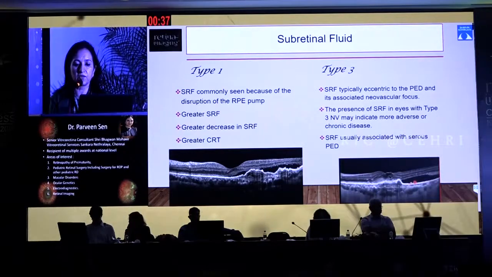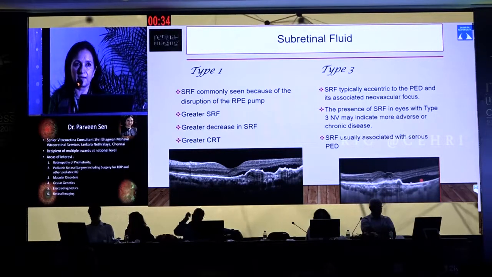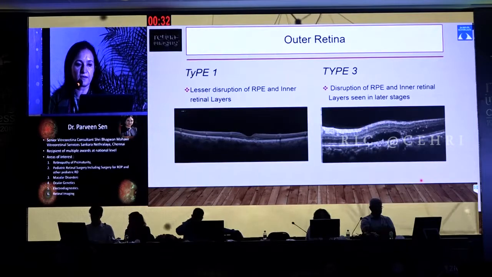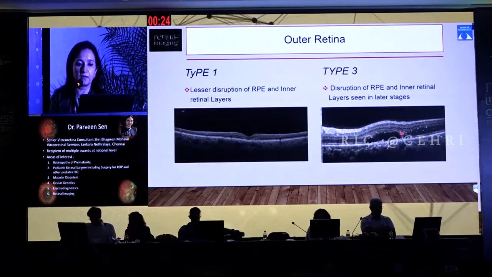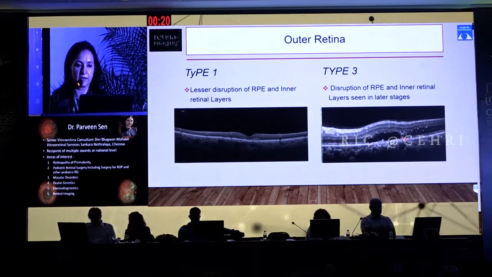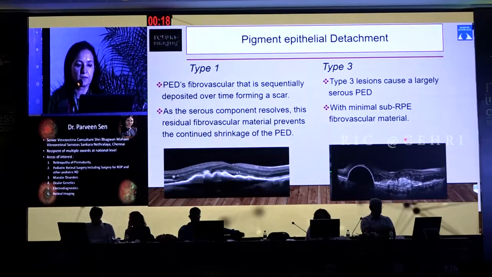In type 3, you may actually have eccentric fluid, not only necessarily associated with the lesion itself. Then here again, you can see the disruption of the outer retina may happen in the later stages. Here, the disruption of the RPE is seen once there is a retinochoroidal anastomosis which is forming. Pigment epithelial detachments can be fibrovascular in type 1, and can be serous in type 3.